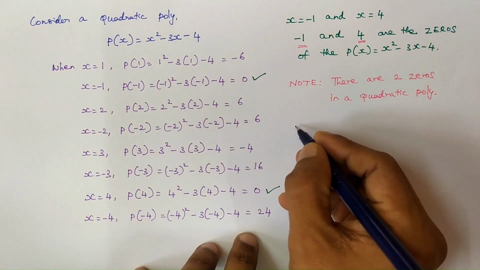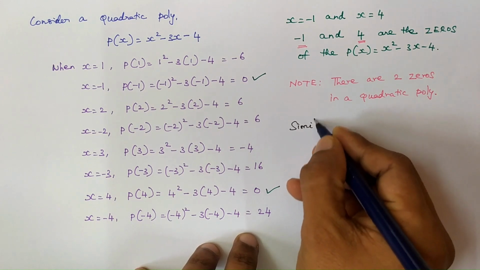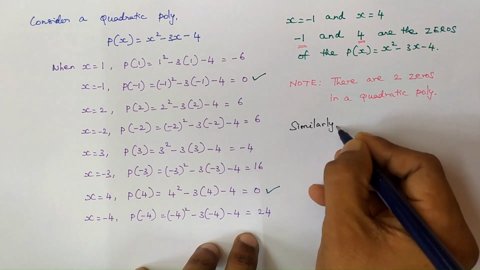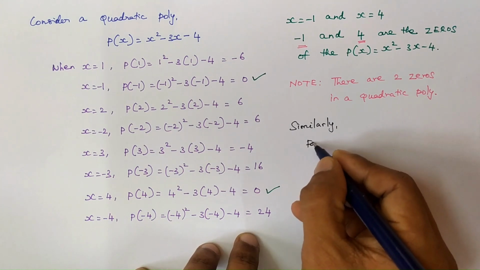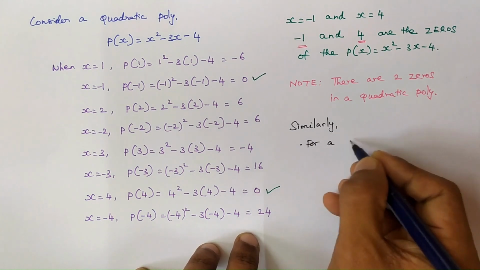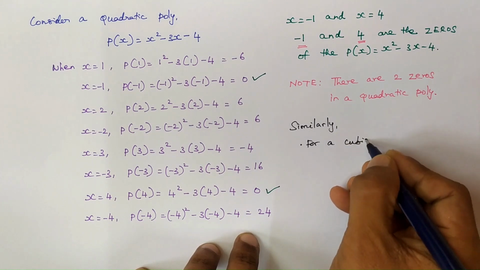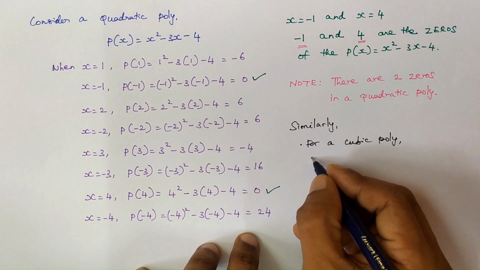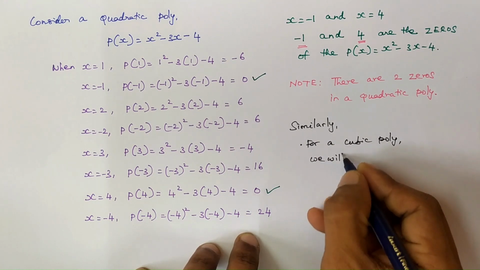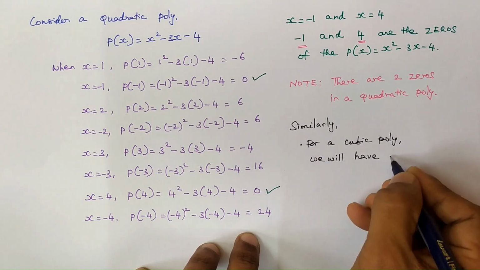Similarly, for a cubic polynomial we will have 3 zeros.